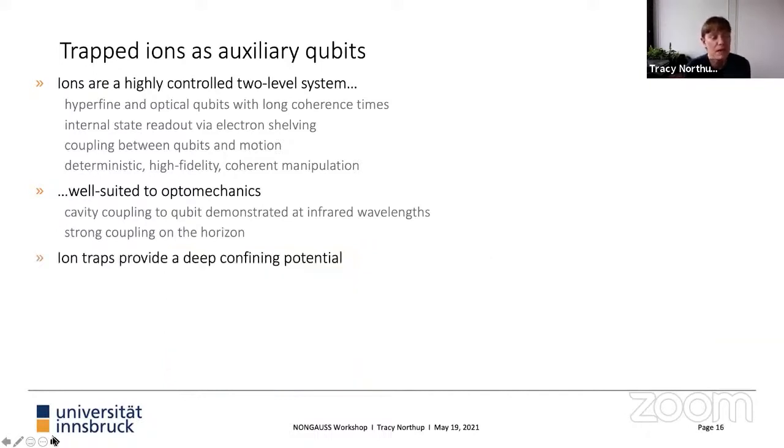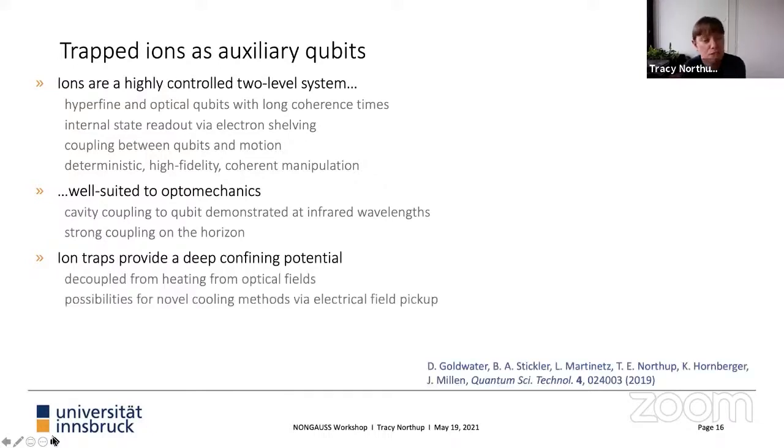So we have a route with ions, not only to work with them as beautiful two-level systems, but also to couple them to optical cavities. I've already argued to you that we have a nice deep trap confining potential with ion traps, which allows us to decouple from optical fields. And it also provides some possibilities for novel cooling methods. So the cooling methods that I'm going to tell you about today use optical fields, but I was also part of a proposal that you can see here on the lower right-hand side for cooling via electrical field pickup.